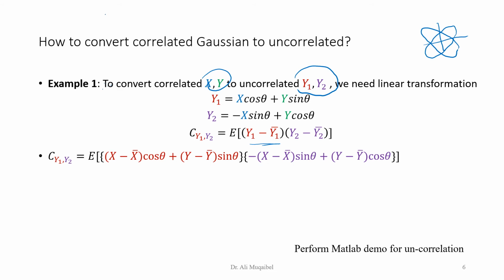So I'm doing substitution for y1 minus y1 bar. This is shown in red, and this one is shown in purple. With a little bit of organization, we can get the following.